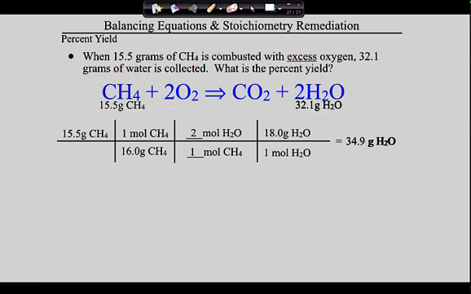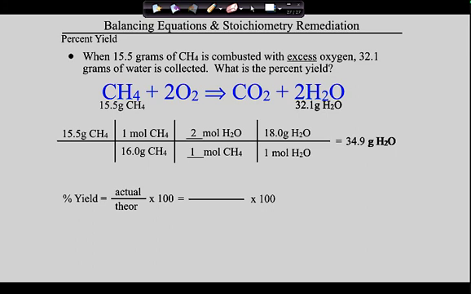But it's not enough to just say that we lost some. We actually don't talk about how much we lost. We talk about how much we collected. And it's not enough to just say most. We want to represent it with a number. That is where our percent yield comes into play. And as we calculate percent yield, the top number is our actual amount.